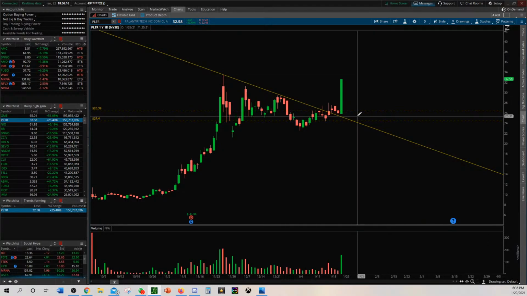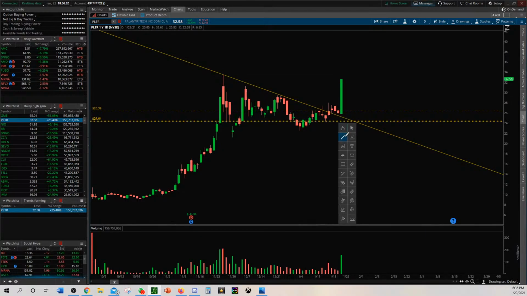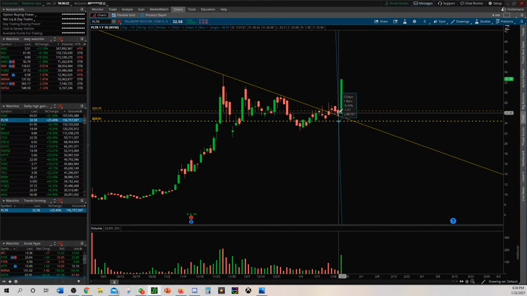Okay, so first I'm going to find the distance between here and my stop price. From here to here, there's a distance of almost $2.